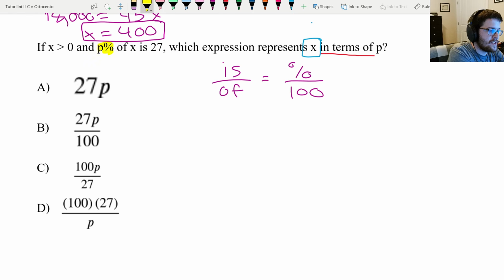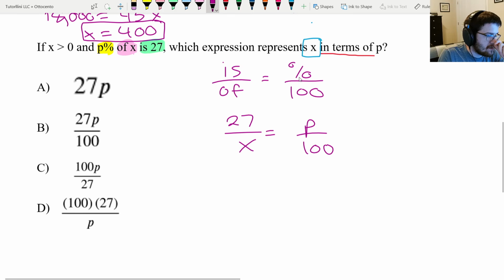And the percent is P. Next to "is" is 27, and next to "of" is X. So now we want to get X by itself.